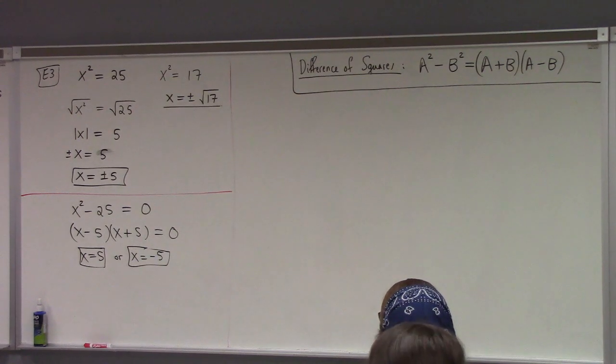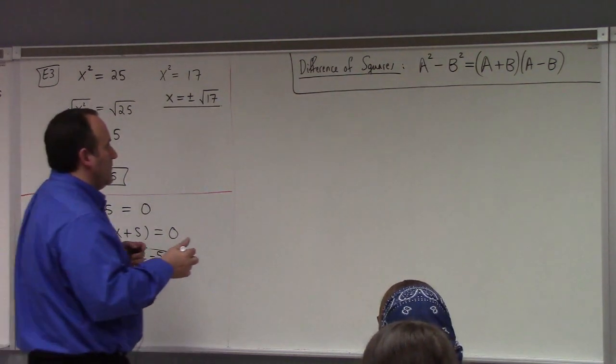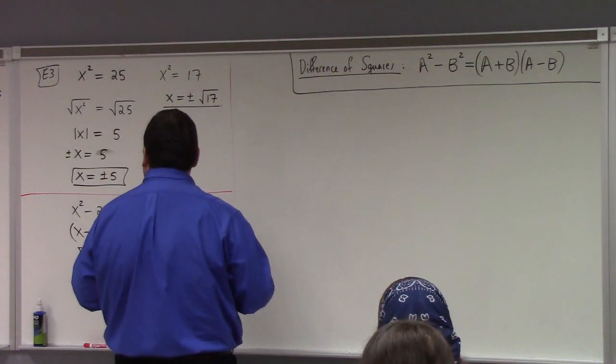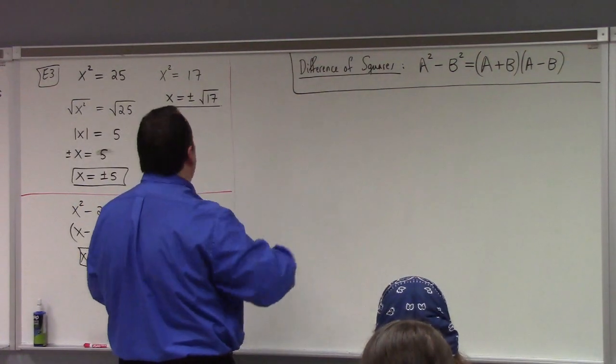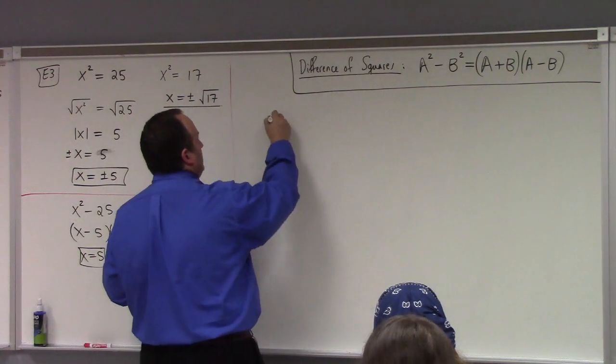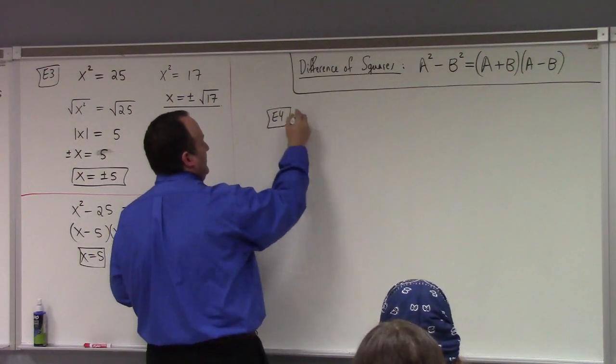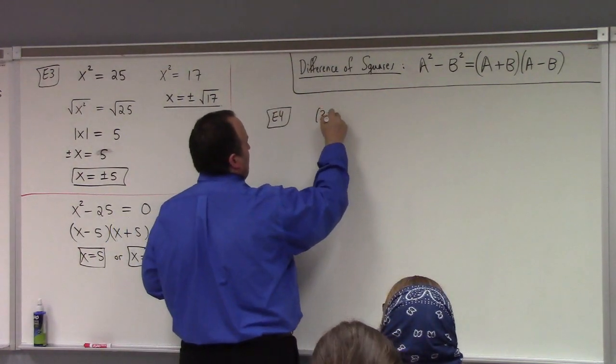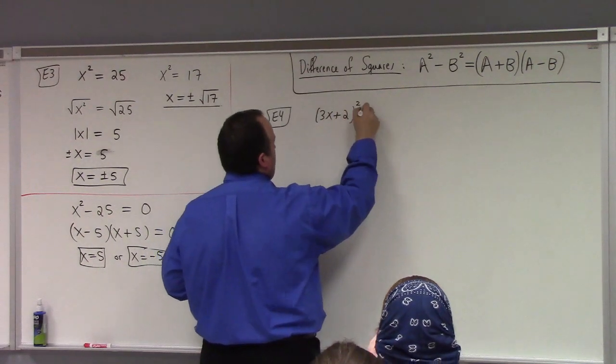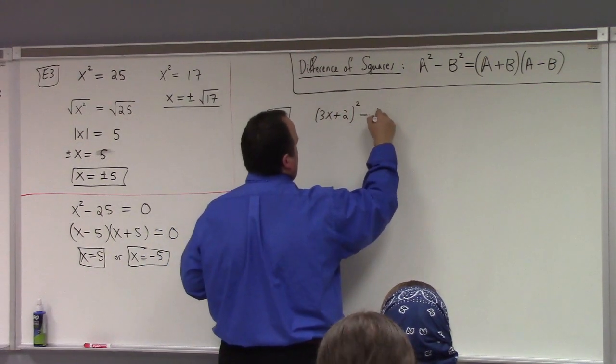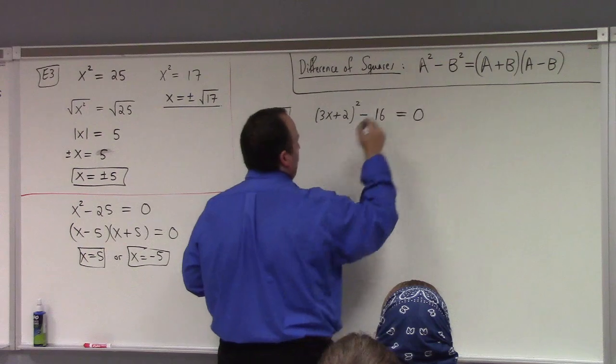All right. The other thing I should tell you before we go on. Let me give you a different example. So example 4, we could have something like 3x plus 2 quantity squared minus 16 equals 0.